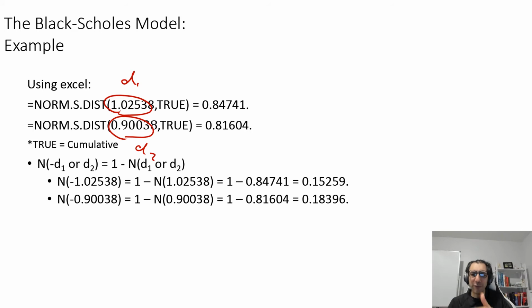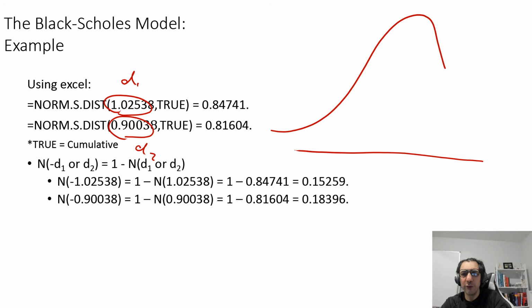So what is that, true or false? The true is talking about the cumulative, the false is non-cumulative. You should choose the true option, which is showing the cumulative of the normal distribution. As a reminder, maybe from your high school or from your undergrad, you remember that normal distribution. So here it's showing what is the probability, or what is the coverage, of that 1.0253 d1. So that's 84% or 0.84. So you can use that function here just to find the N(d1) and N(d2).